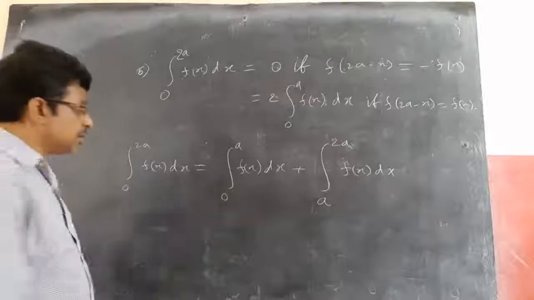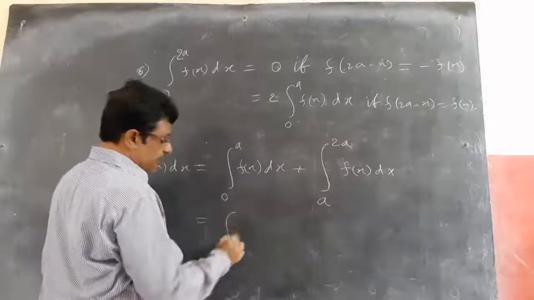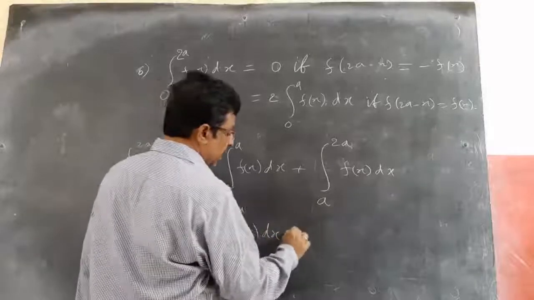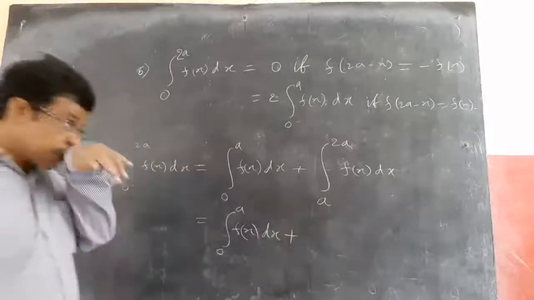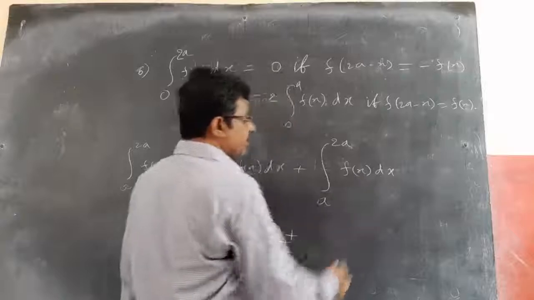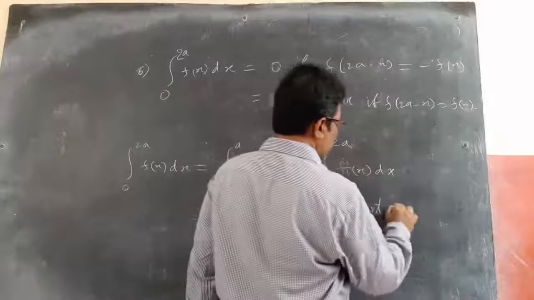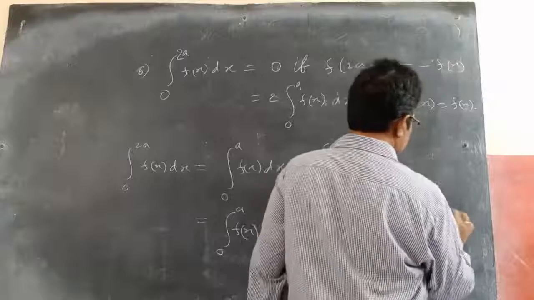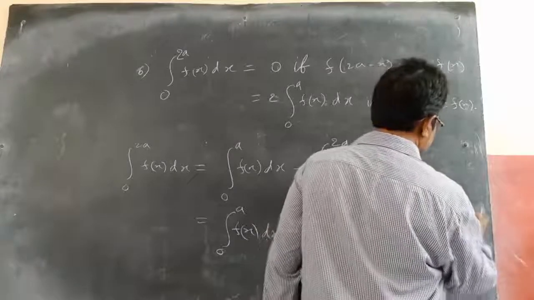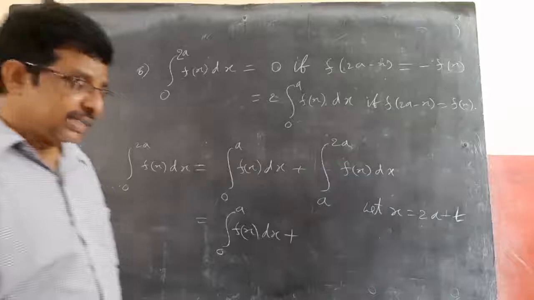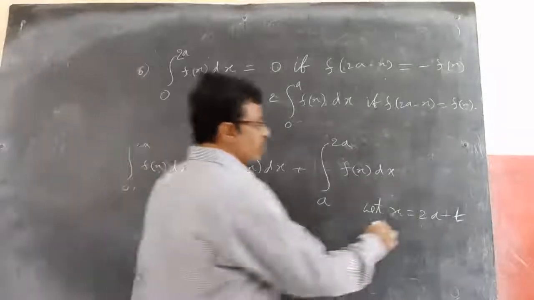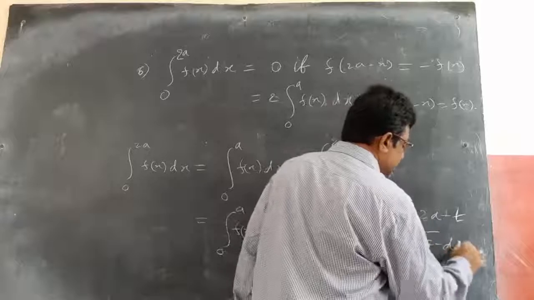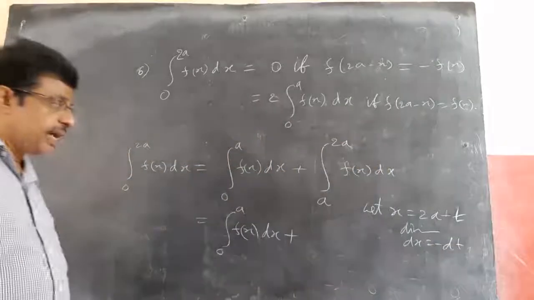So the integral of 0 to a f(x) dx stays as it is, plus the integral of, for this one I will take, let x equal 2a minus t. What is dx with respect to t? dx equals minus dt.